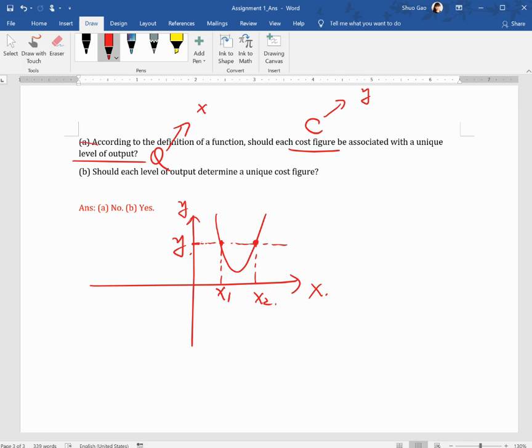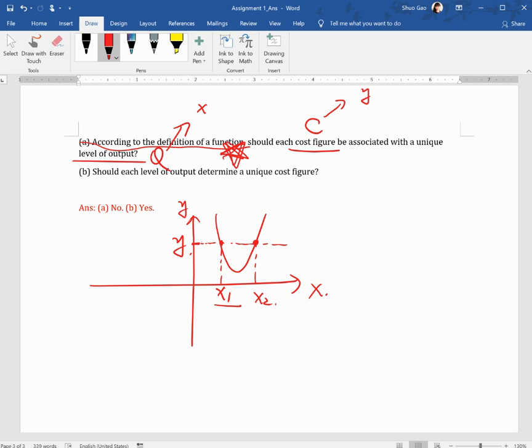Because according to the definition of a function, we only require that each x has a unique y, where x uniquely determines y. But we don't require that y uniquely determines x, right? So it doesn't have to be the unique x that's associated with the unique y.